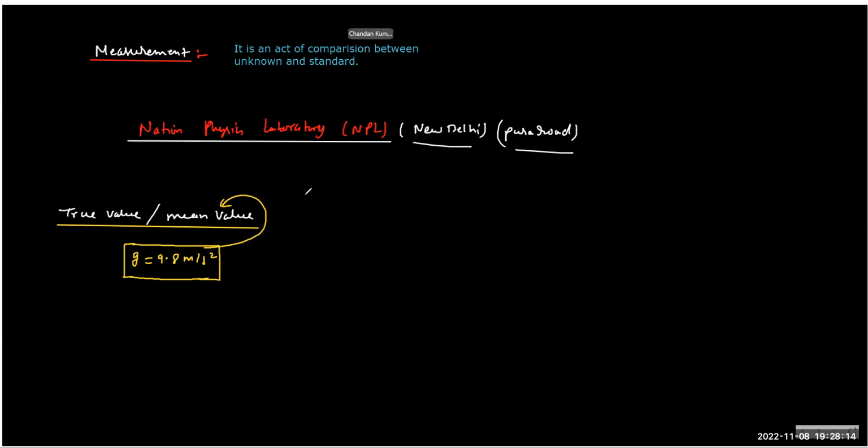So he took all values and simply took the mean of the large number of repetitive experiments. When he took the average, he got the value 9.81. And that is why he believed that this is the true value of g.